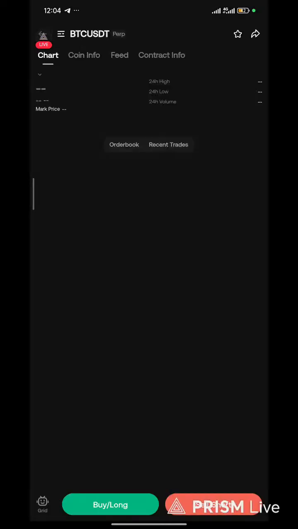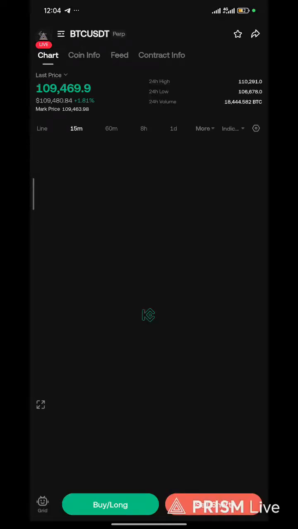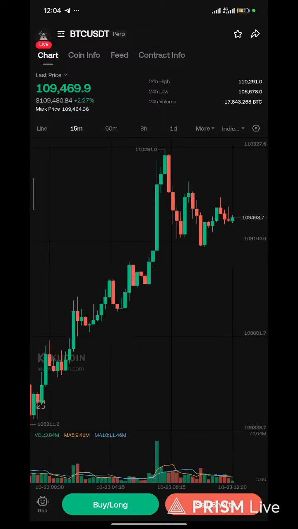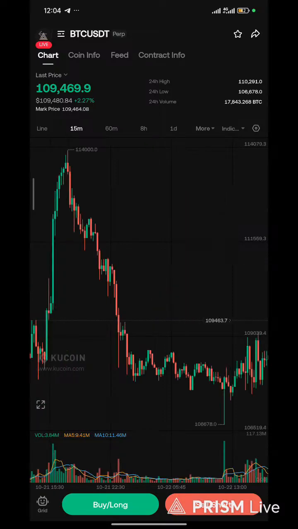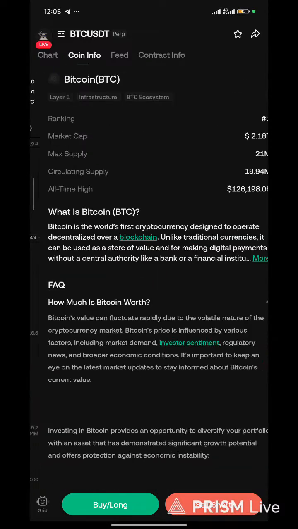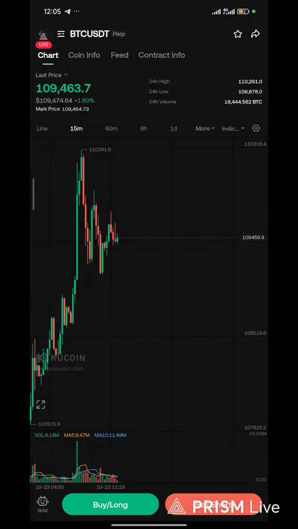So KuCoin is an amazing platform where you can trade and exchange your crypto without any authority from the government. This is already the BTC section.